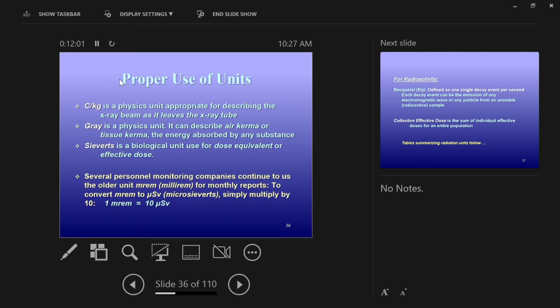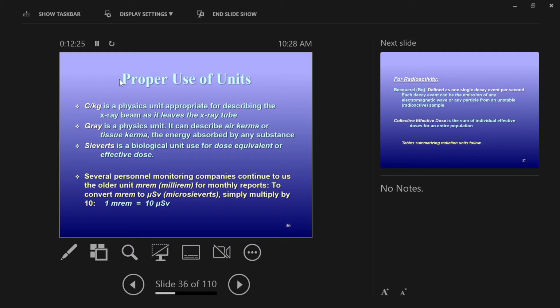So the coulomb per kilogram that we used, we said can be used to measure entrance skin exposure, but isn't necessarily any longer. That's great for talking about the primary beam. You can use coulomb per kilogram as a physics unit, and it's appropriate for describing the X-ray beam as it leaves the X-ray tube.